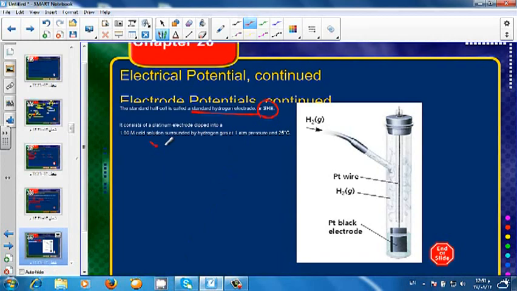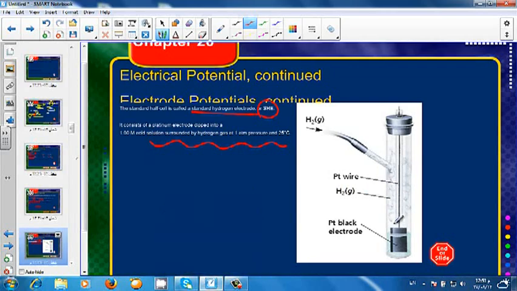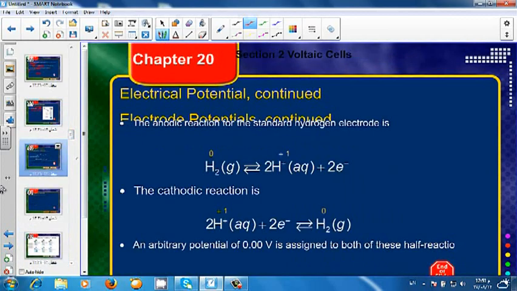So these are the standard conditions through which the hydrogen electrode must be found. So again, platinum wire immersed in a solution of an acid surrounded by hydrogen gas under 1 atm pressure and 25 degrees Celsius, and we consider this the standard electrode that we will use in order to calculate the electrode potential for others.